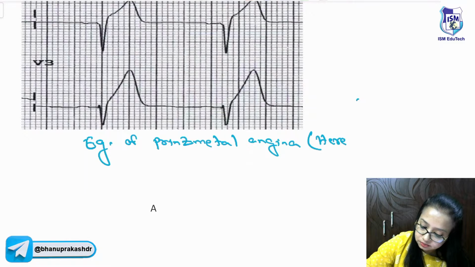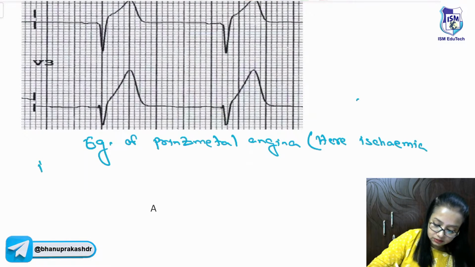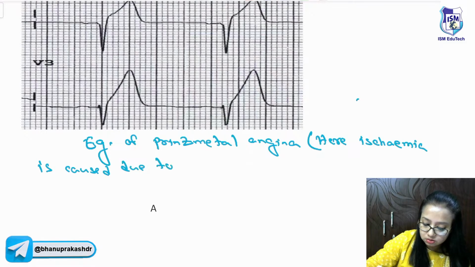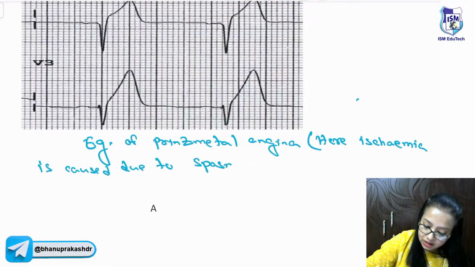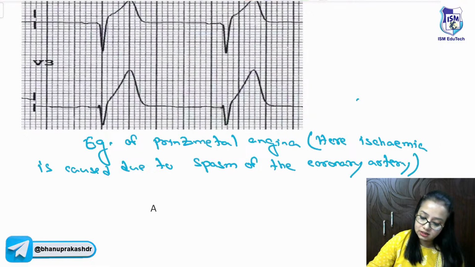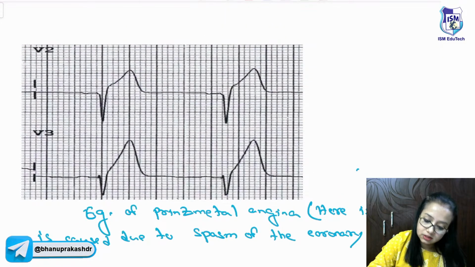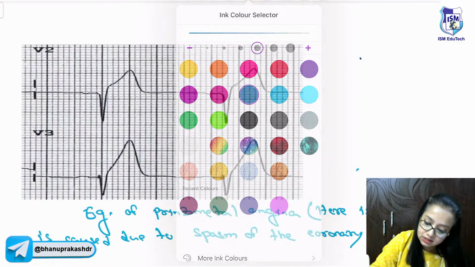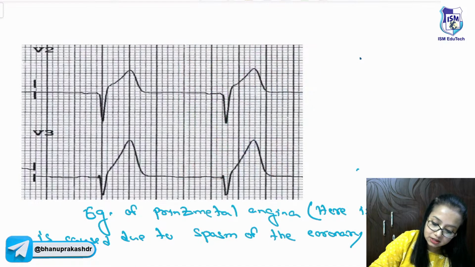Here, ischemia is caused due to spasm of the coronary artery. So, if there is spasm of the coronary artery, then there is this ischemic condition which causes a very loud and prominent T wave.